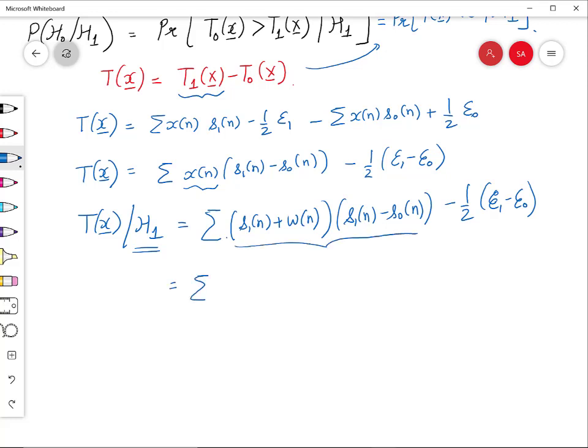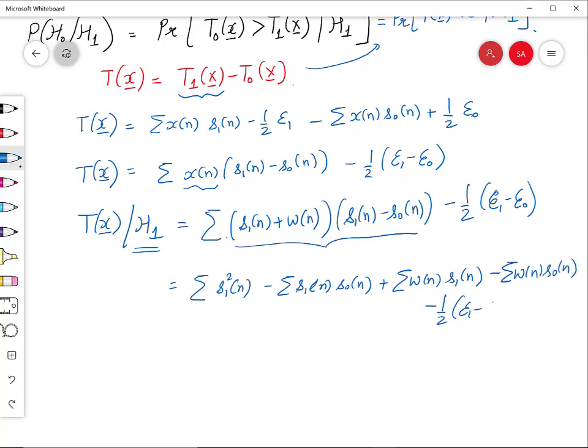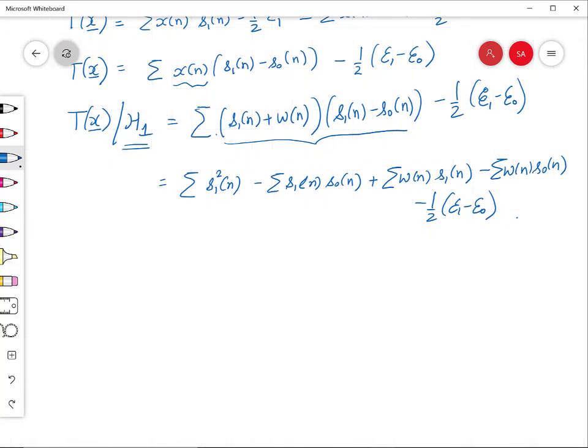This becomes summation S1 squared of n minus summation S1 of n S0 of n plus summation W[n] S1 of n minus summation W[n] S0 of n minus half of E1 minus E0. So this is my T of x given H1.